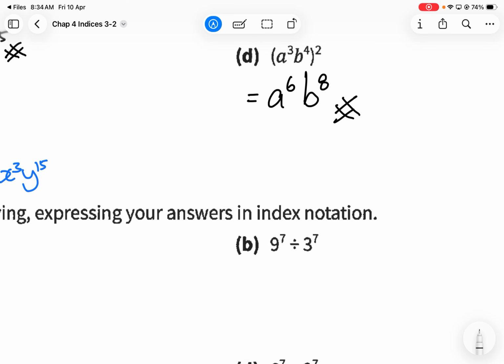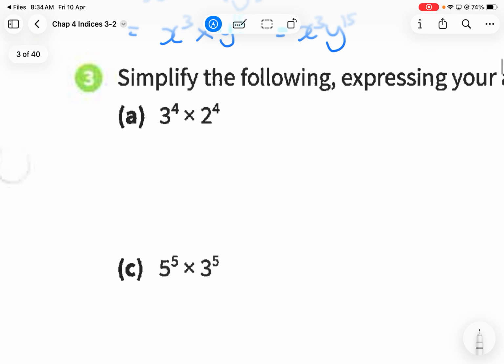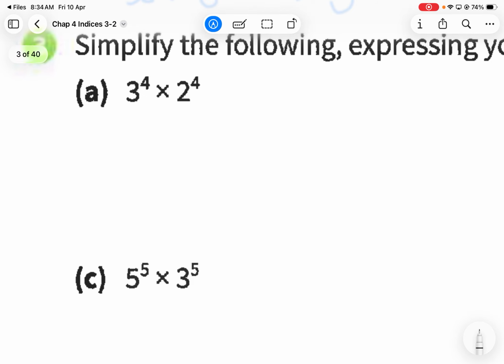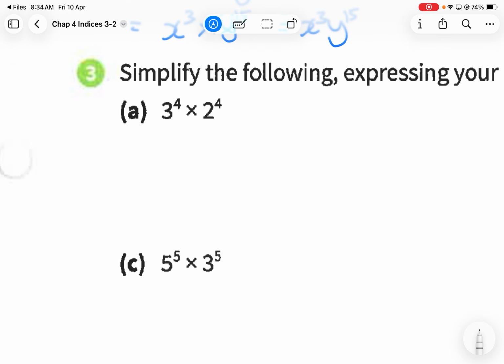Okay, question 3. Simplify the following. This one has the same index, so actually they want you to just put the 3 and 2 together because they have the same index, then simplify it to 6 to the power 4.